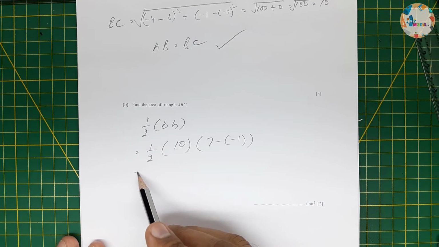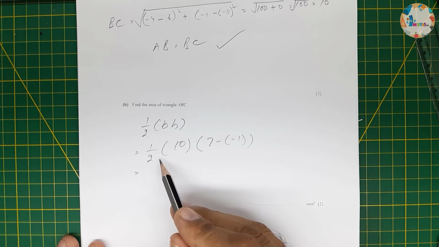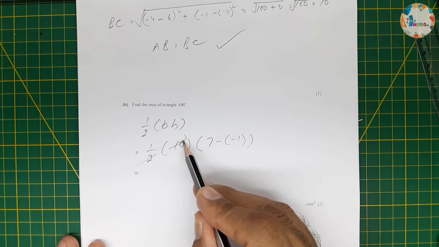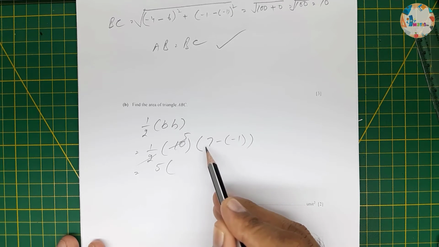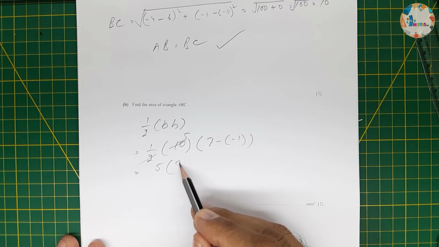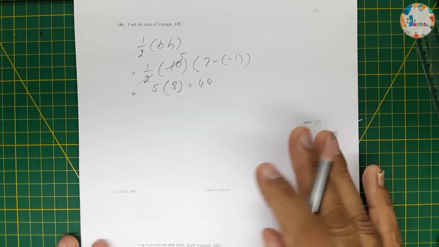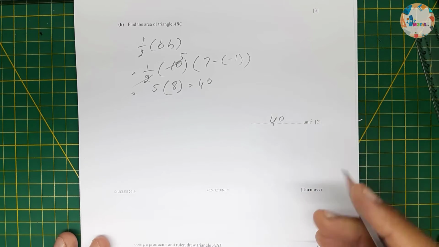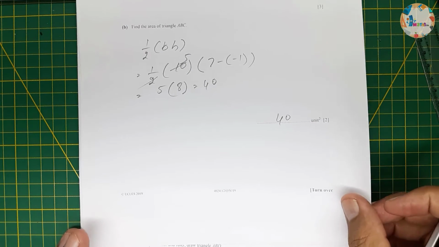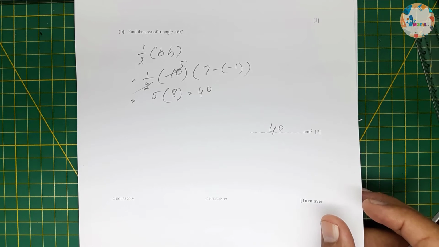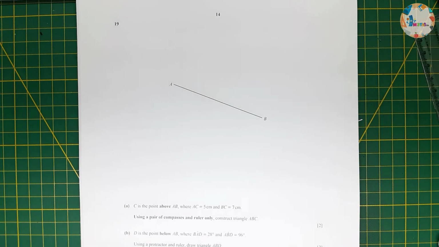So if we simplify this, 2 5s are 10, and this will be 5 into 7 plus 1, which is 8, and this will be equal to 40. So this will be 40 units square. This will be the area of this triangle.